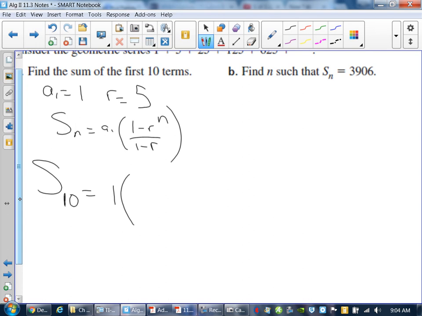So the sum of 10 of them will be first term 1 minus our rate to the 10th, over 1 minus my rate.